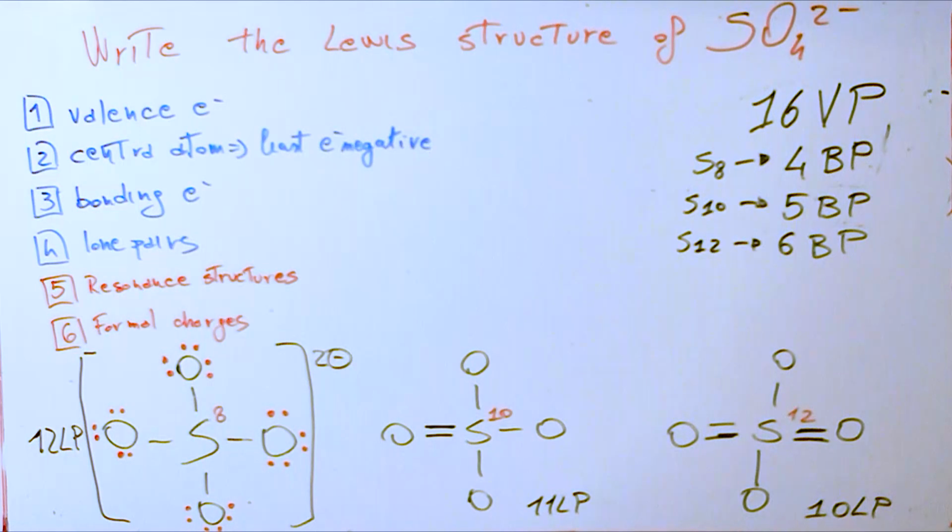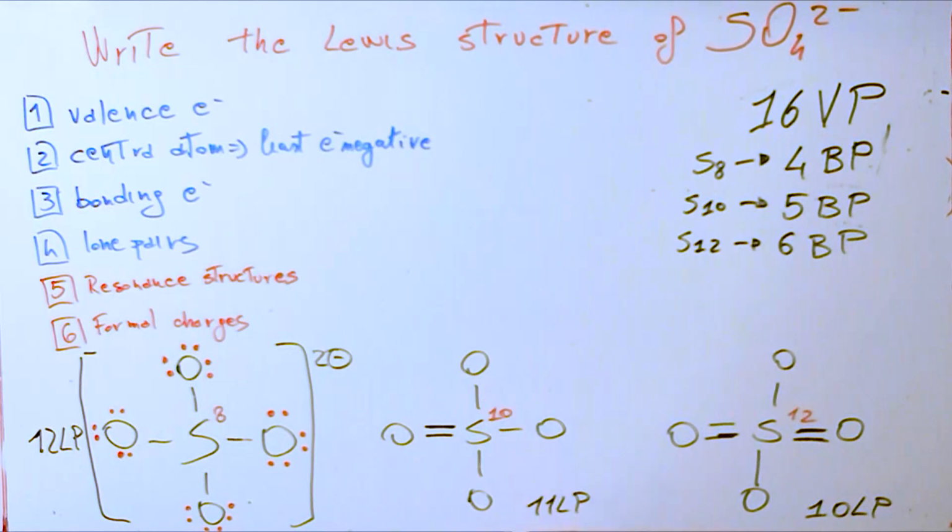Let's do the same for sulfur with expanded octet to 10 electrons. Now be careful, because sulfur is following the expanded octet rule, so around it needs not 8 electrons but 10 electrons. So let's count everything. It's 2 plus 2 plus 2 plus 2 plus 2, which is actually 10.